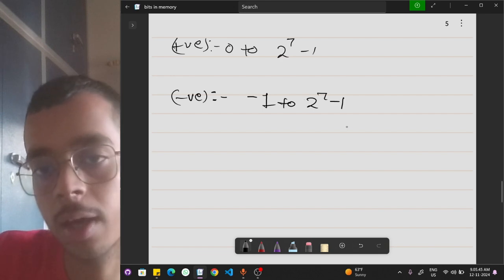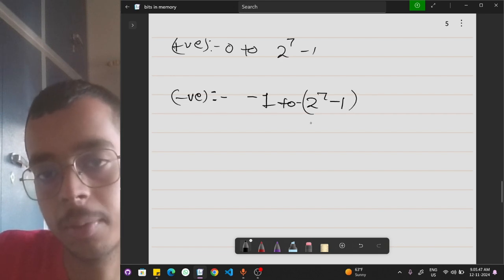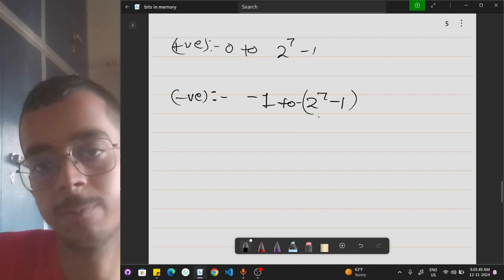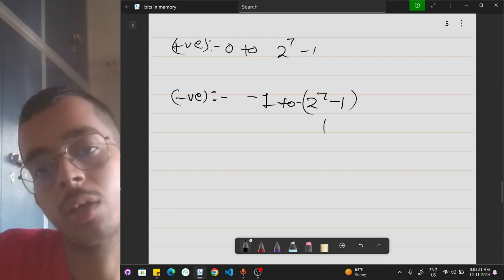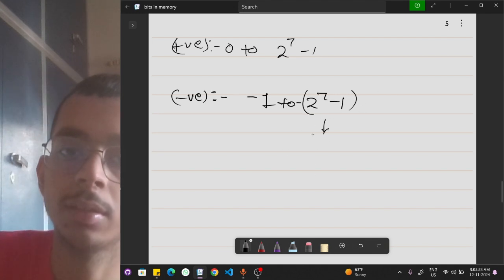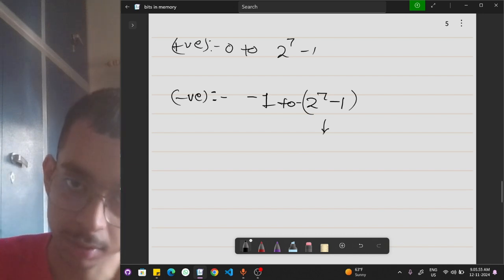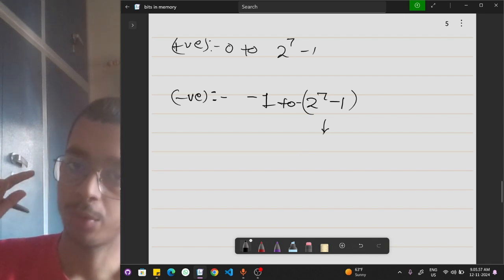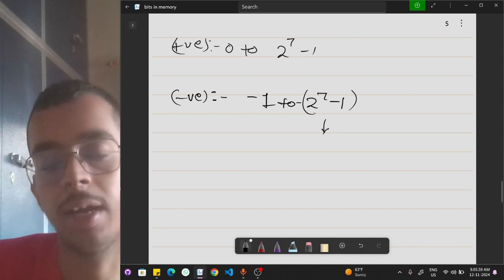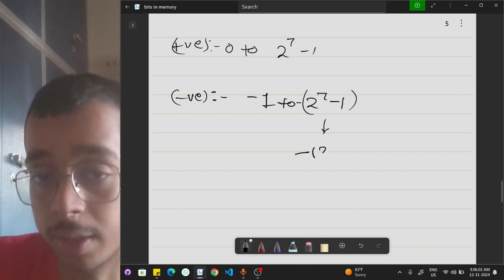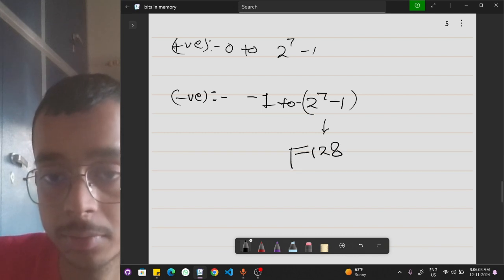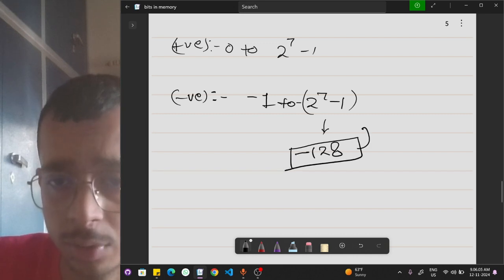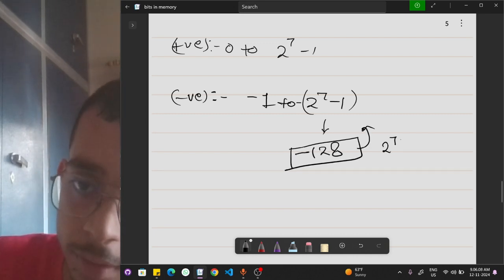But on the lower side, another number, minus 128, that is 2 to the power 7, is also added.